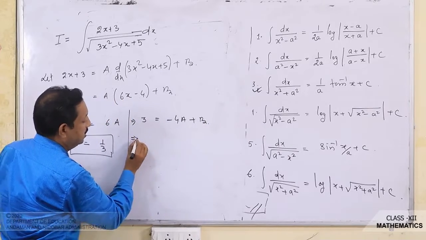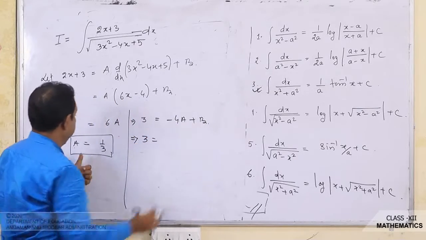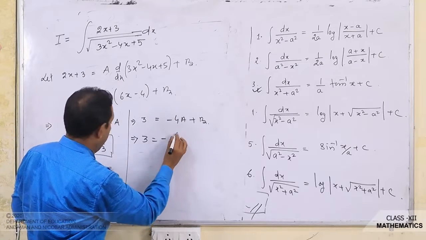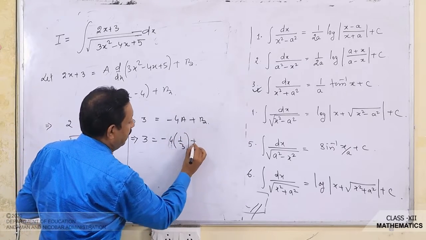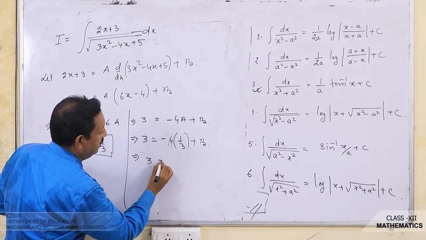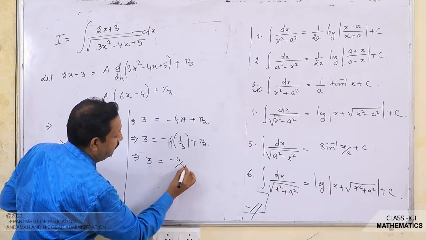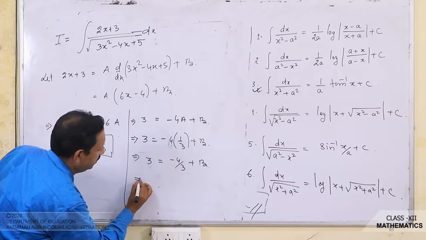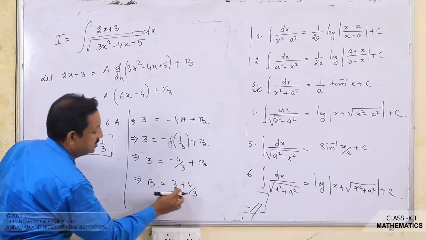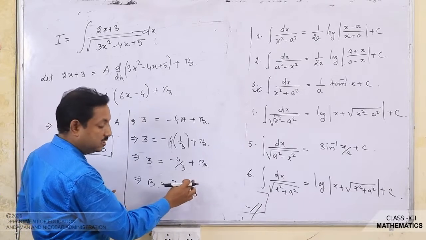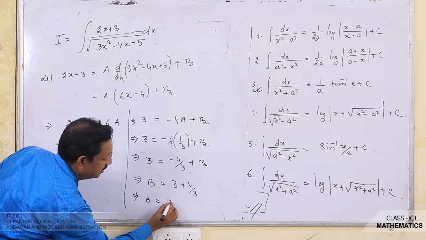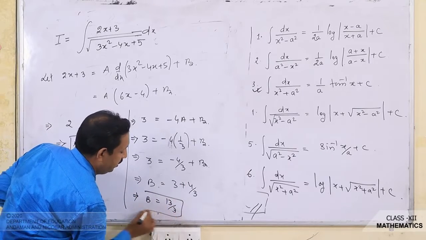I can replace this a by 1 by 3, that means minus 4 of 1 by 3 plus b. That is 3 equals minus 4 by 3 plus b, so b is 3 plus 4 by 3, that is 9 plus 4, 13 by 3. So b is 13 by 3.